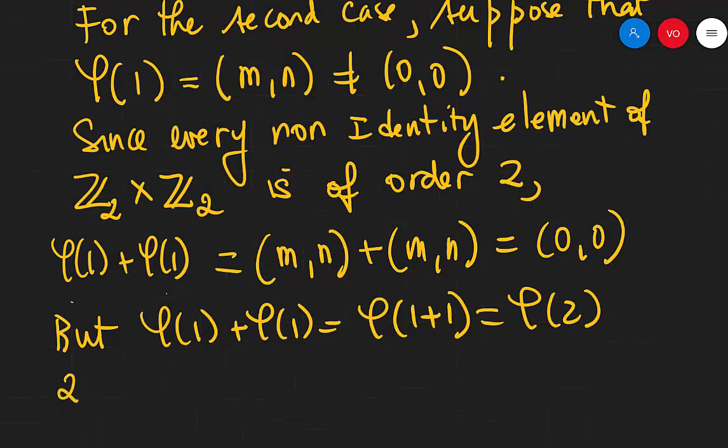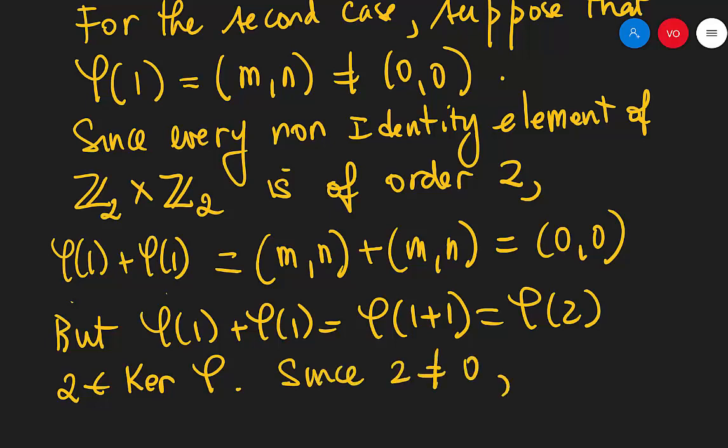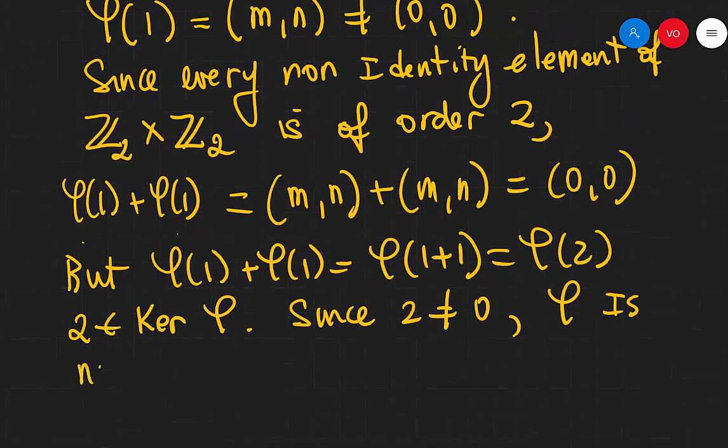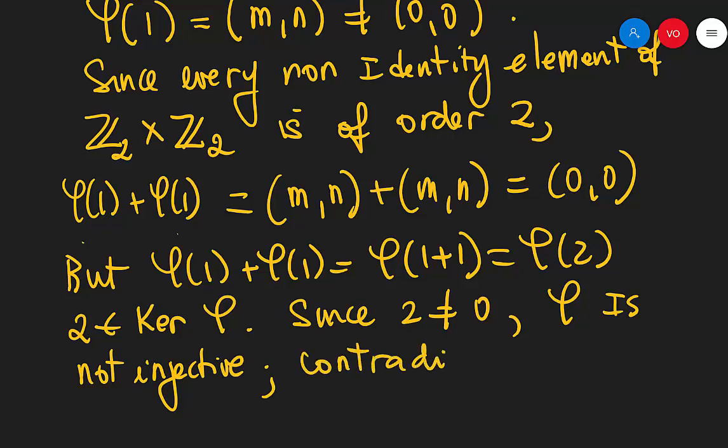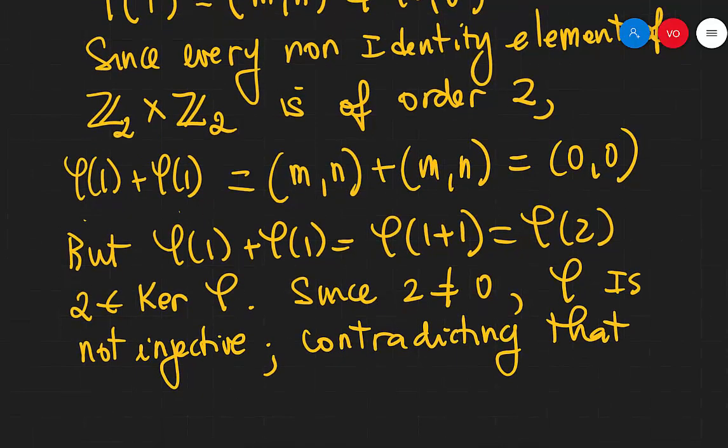So this shows us that 2 is in the kernel of phi, and since 2 is not the identity, then phi is not injective, contradicting that phi is a bijection.